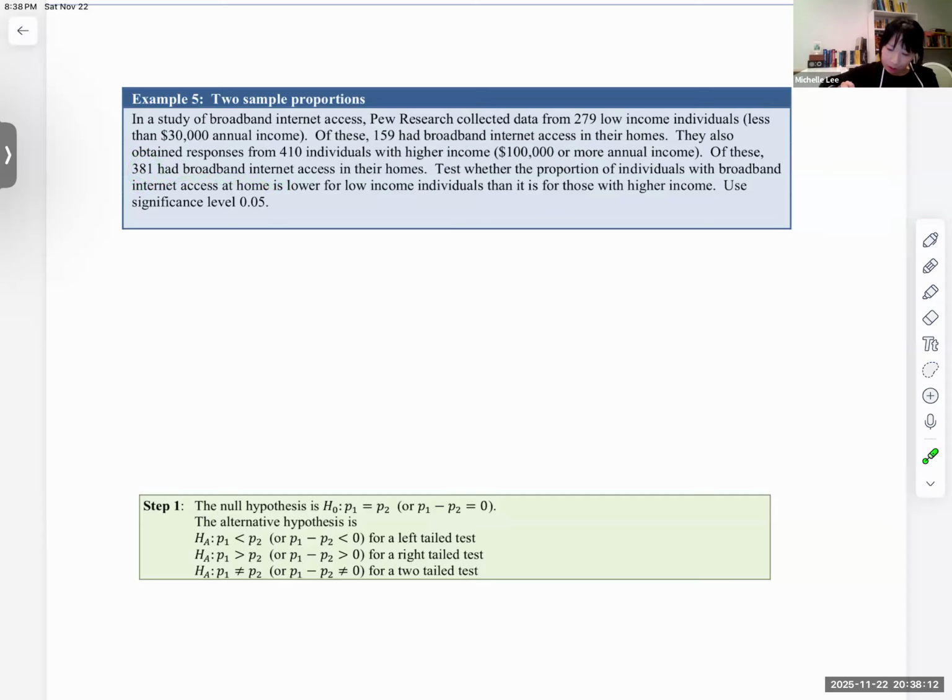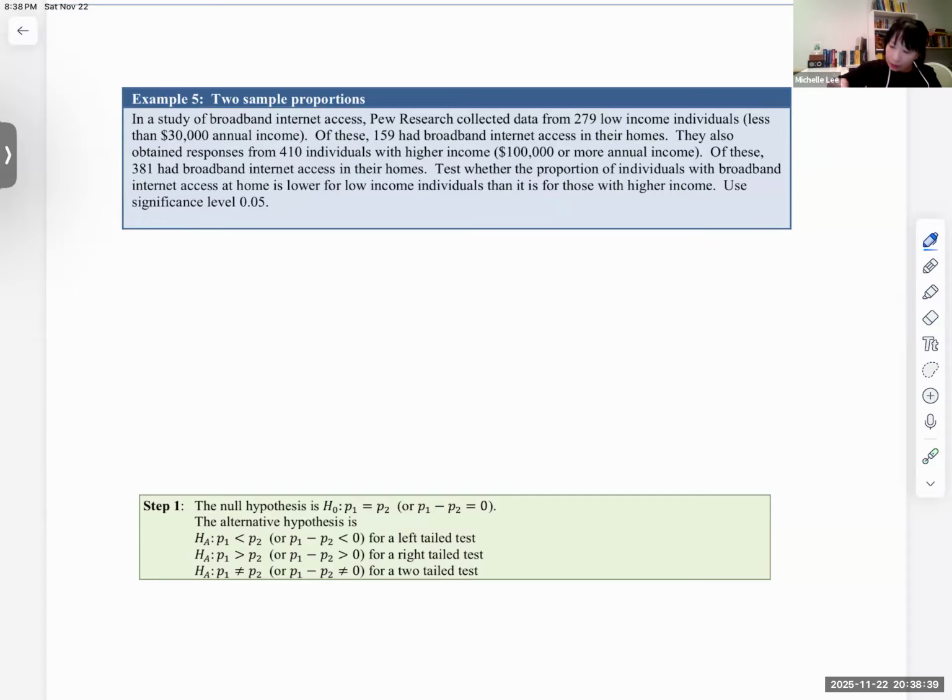Okay, so we want to test whether the proportion of individuals with broadband internet access at home is lower for low-income individuals than it is for those with a higher income. Use significance level 0.05, right?